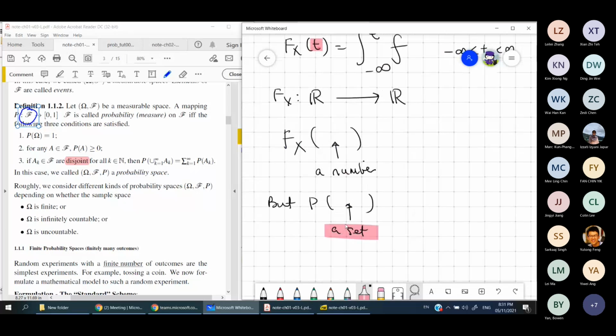So that's why in this case, this one is not a probability measure. What if it was just the density function, not the cumulative? That is also not a probability measure, right? Because the domain of a density function is a number.